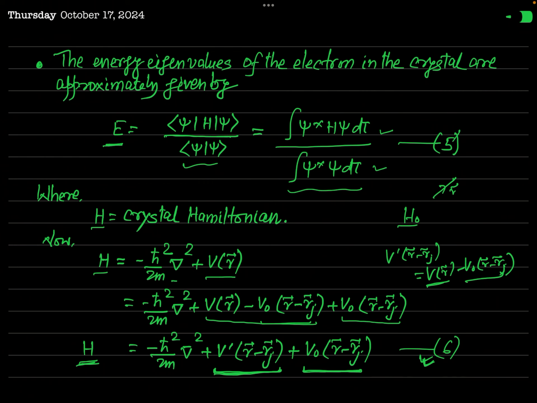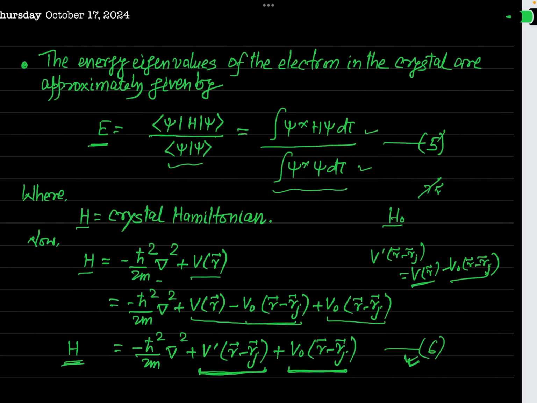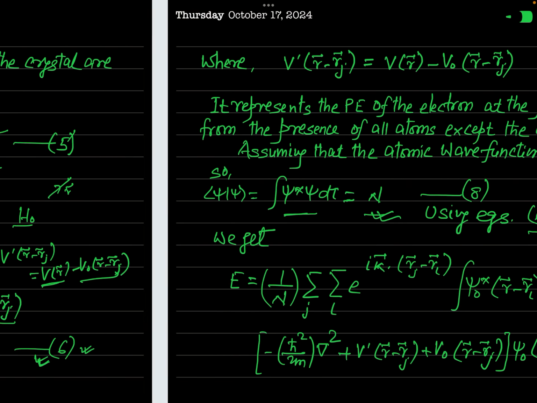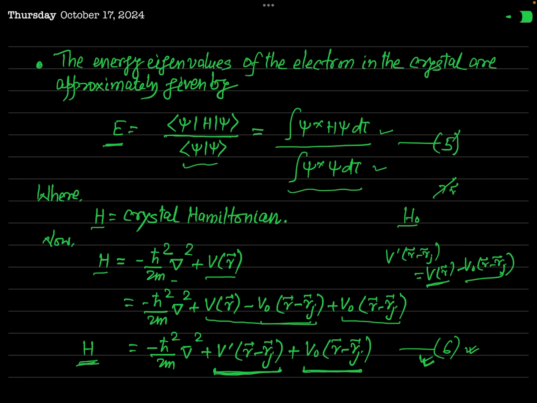From this equation 6 you get the expression at the place of h, and at the place of the scalar product of psi with psi, you get n. So we will use this expression for the Hamiltonian, which has been defined in equation 6, and equation 8 in equation 5 to get the energy eigenvalue of the electron.